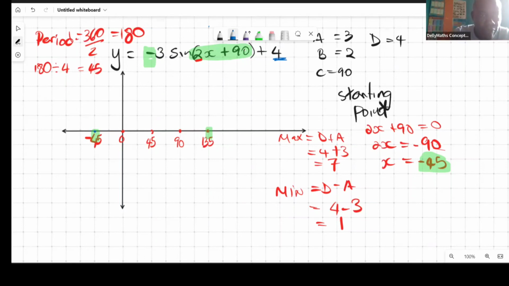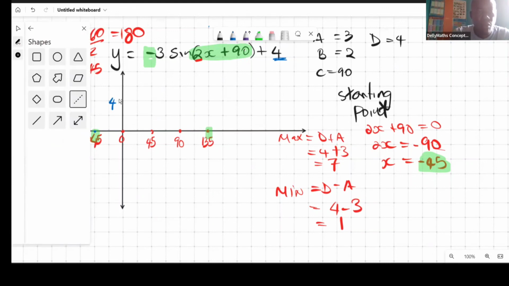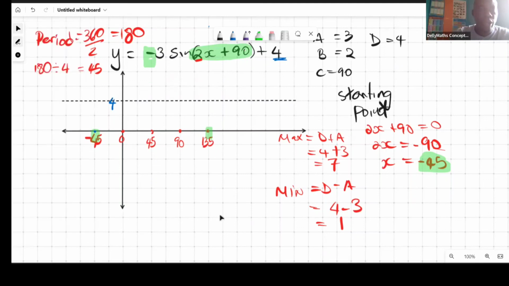All right, let's say we put 4 here. If I put 4 there, it simply means then that this 4 will be my center line. So technically, we're going to be starting here for negative 45, right there.